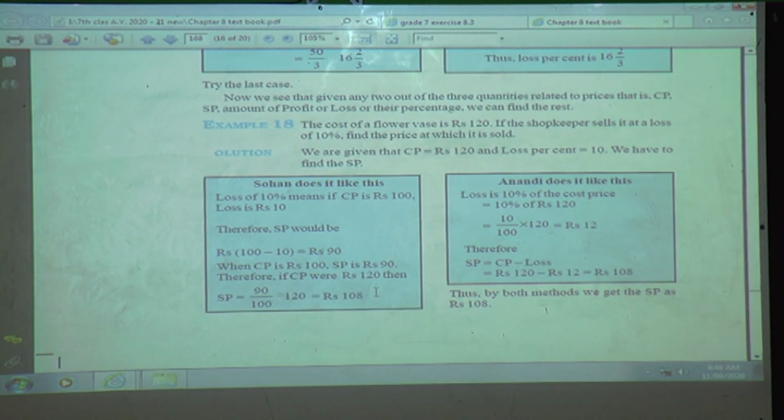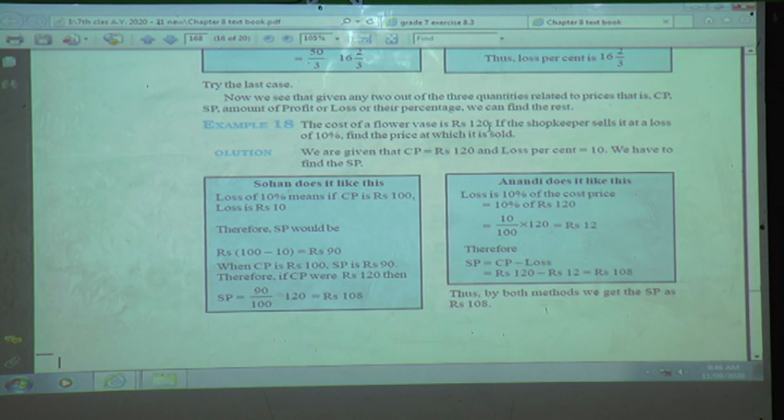Now we will see how Anandi calculated the same statement. The loss is 10%, which is given in the statement. Loss is 10% of cost price, which is equal to 10% of rupees 120.